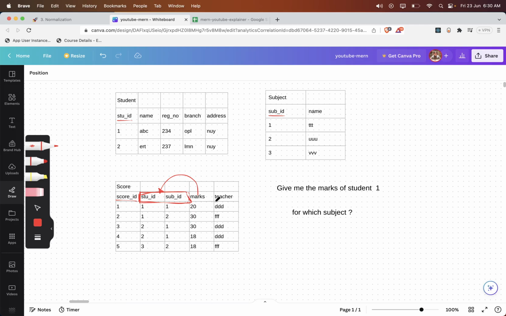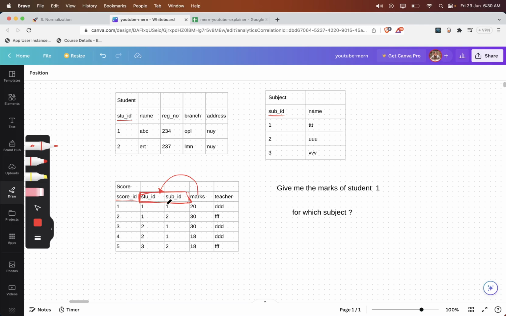Set means what? Two columns, student ID and subject ID. This is the primary key of the table, and the marks are completely dependent on the full primary key. This is called functional dependency.